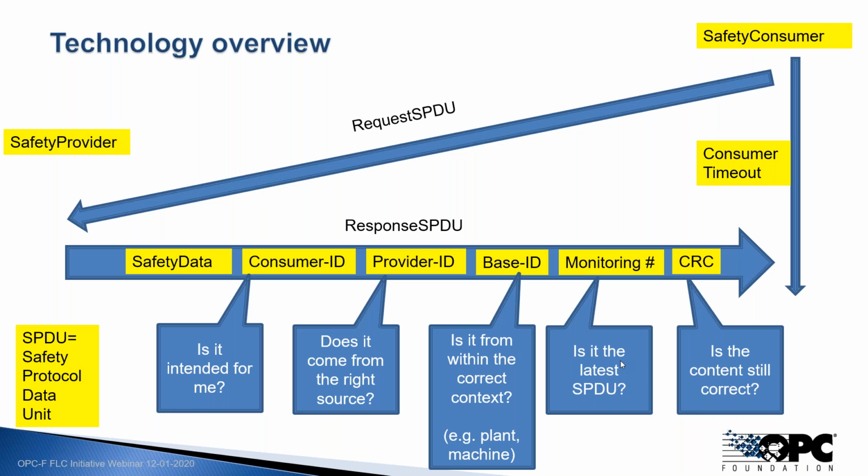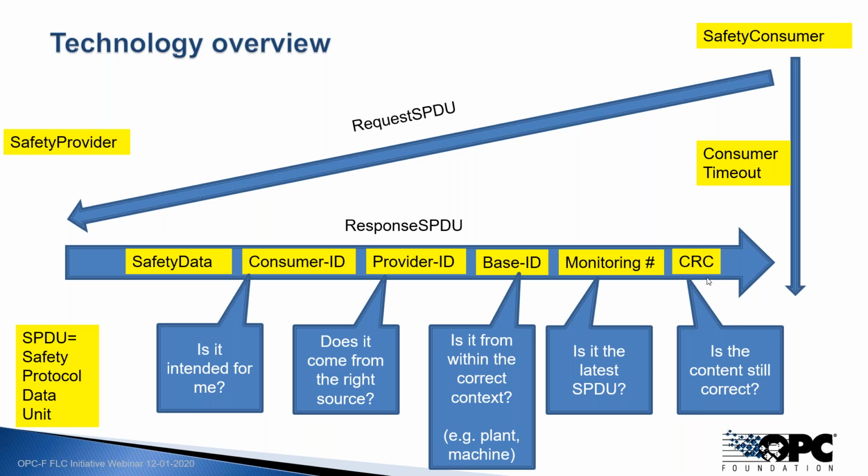Maybe this is a telegram from yesterday, and of course it contains completely outdated safety data, and I wouldn't want to use that in my safety application. By using this monitoring number, which can be understood as a kind of sequence number, I can check the timeliness of this telegram.